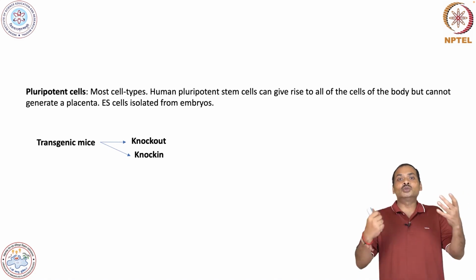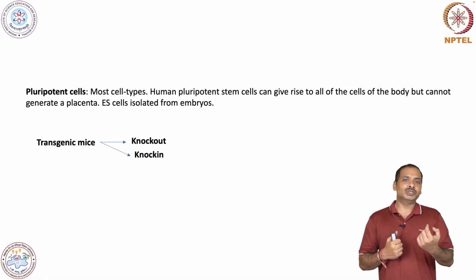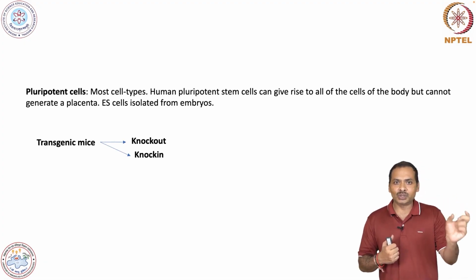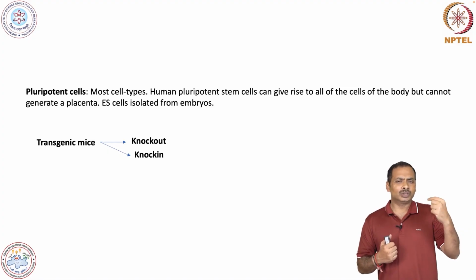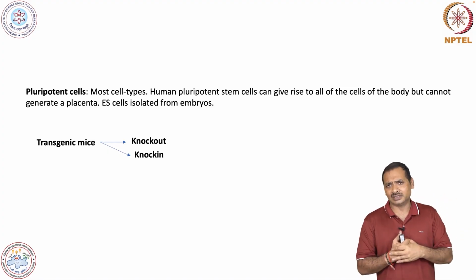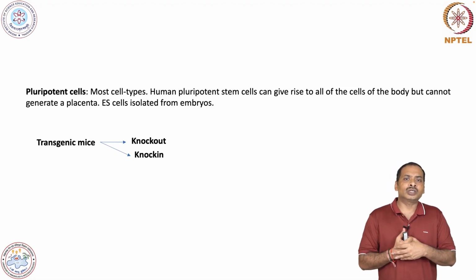Those are GFP knock-in mice. So what we do is simply put the GFP gene under the control of the promoter of that gene which is expressed in the skin cells. In that way we can make a knock-in mouse.